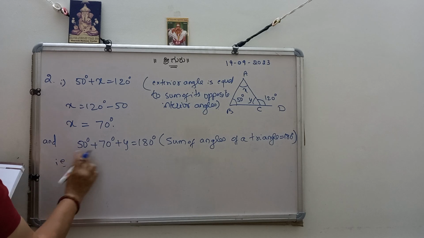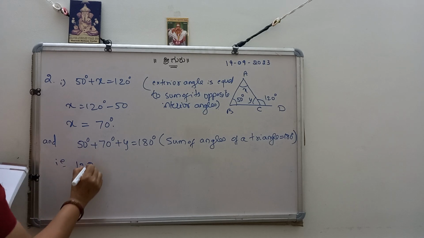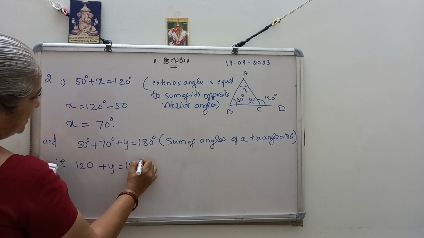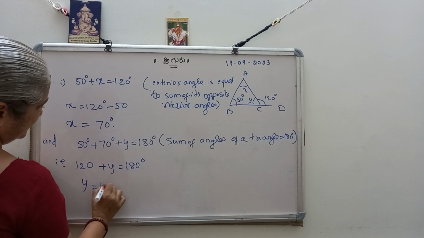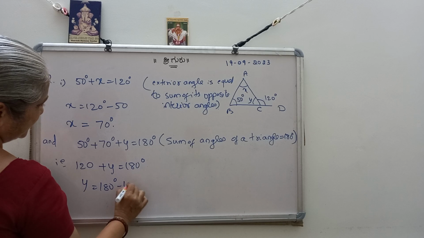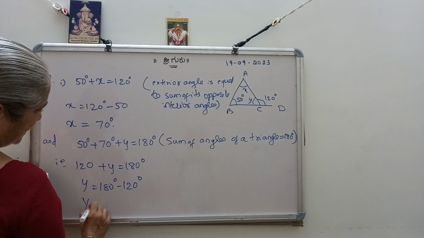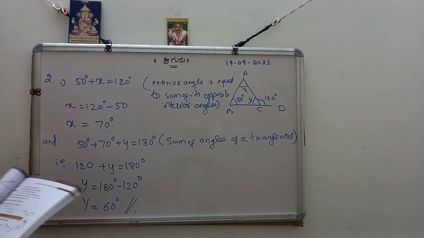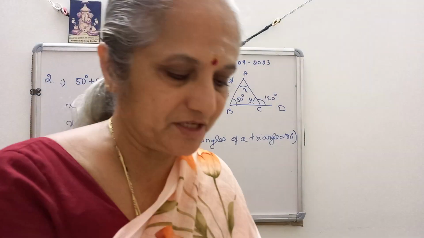That is 50 plus 70 is 120 plus y is equal to 180 degrees. y is equal to 180 degrees minus 120 degrees. y is equal to 60 degrees. This is how you should be able to write the steps.